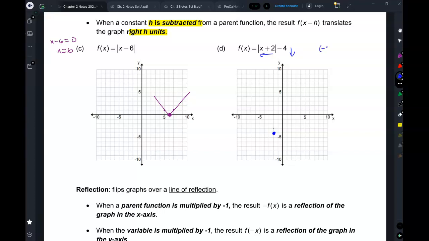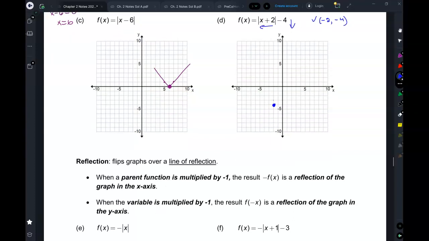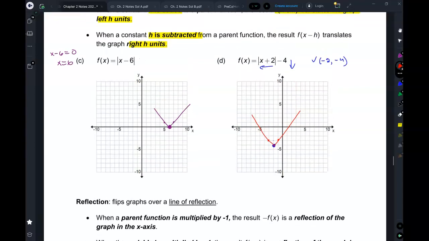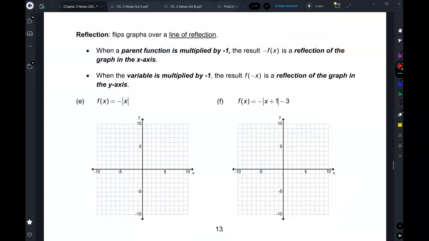At -2, -4, right? If I were to ask you, where is the vertex, you would be able to tell me. So from here, I go up 1 over 1, up 1 over 1, boom, boom. Yep. Okay. Why does the -6 move it to the right? Because we talked about that here. Remember what we said over there. It's the opposite sign. Okay.